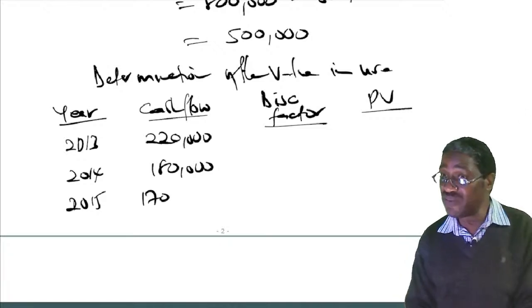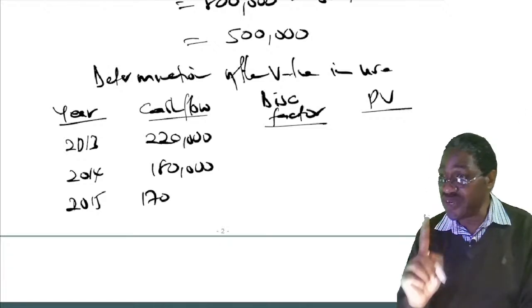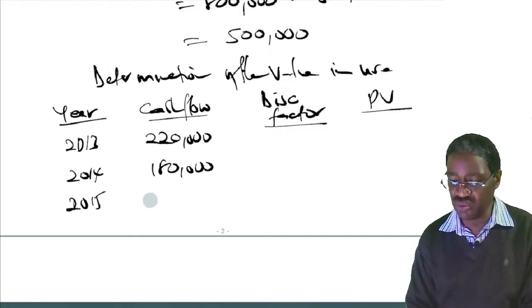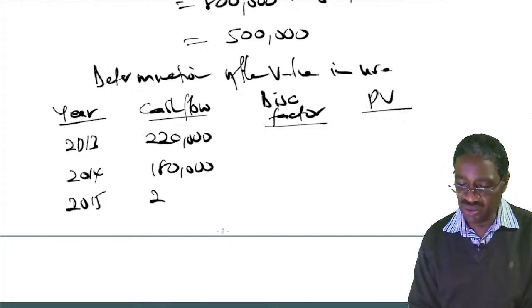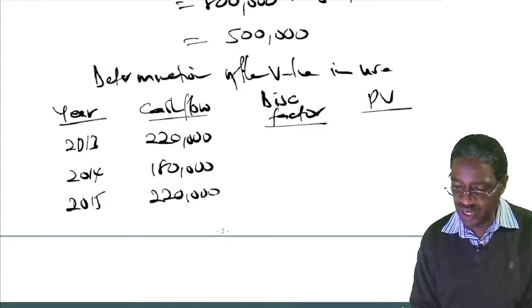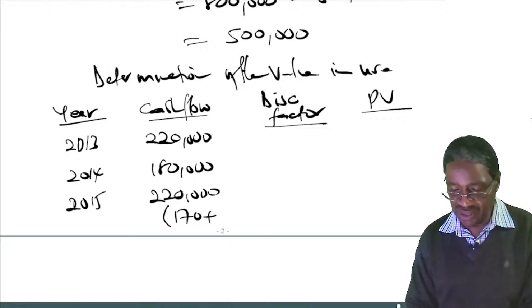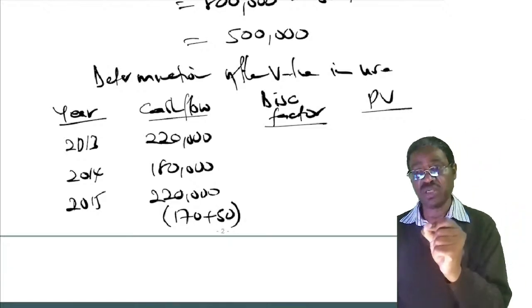It will be 170 plus the 50. That's the point. 170 plus the 50, which will come to 220. You think you'll forget? Maybe you can put in brackets 170 plus the 50. That 50 is the residual value.